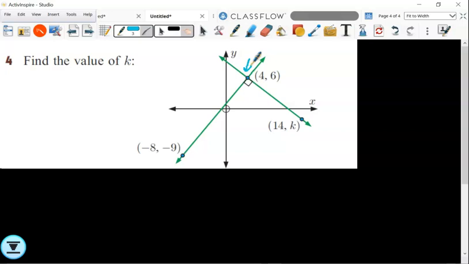Right angle, which means perpendicular, correct. So it tells you now that these two lines are perpendicular, and your job is to find K. So what are you going to do? You're not going to panic and go, oh no, there's an unknown there. What's one thing that you could do? You could work out the slope for the ones with the known values.